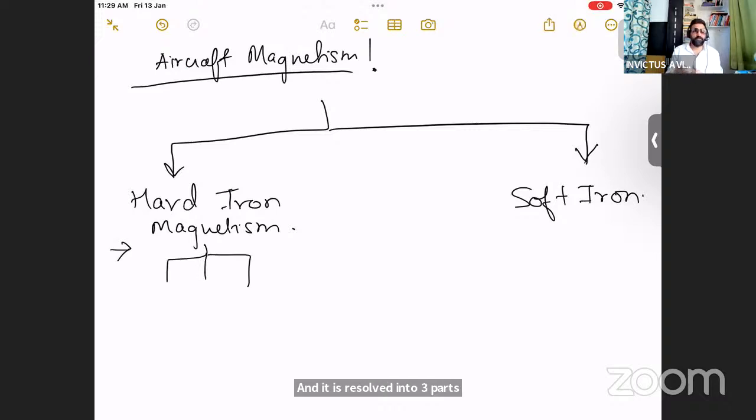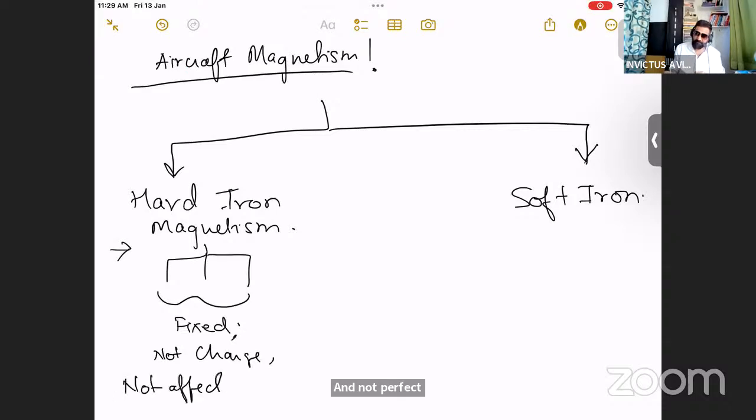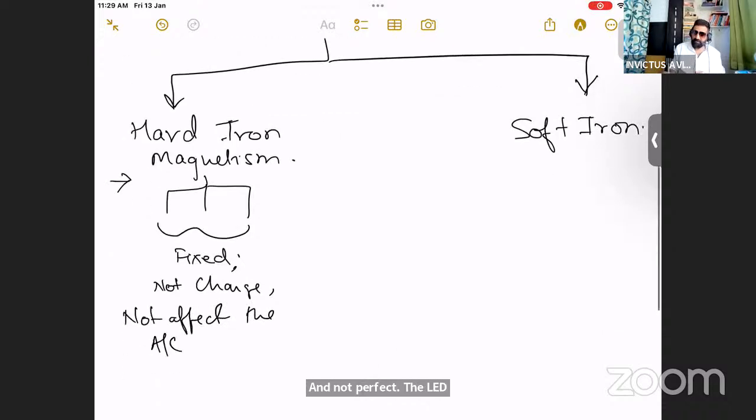These three parts will be fixed and will not change and not affect the aircraft heading. That is compass indication.